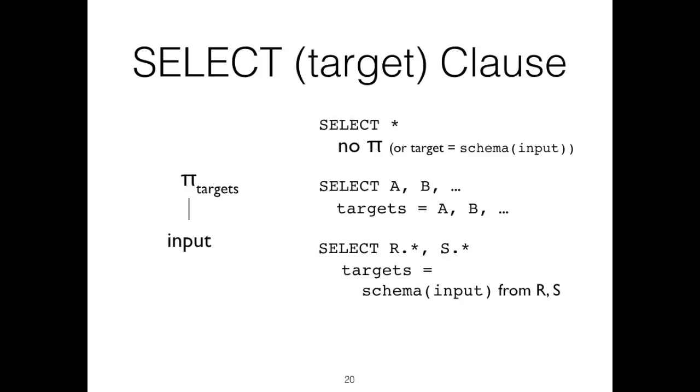In other words, you need to be able to determine which columns came from R, which columns came from S. This is a place where I've seen a little bit of confusion in the implementation. So any questions?